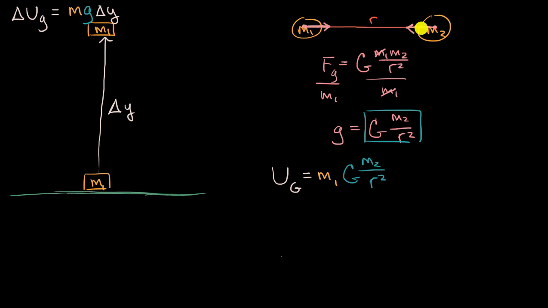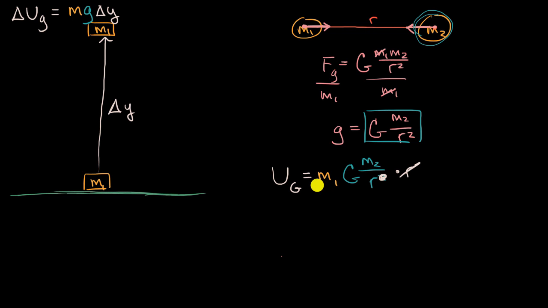Well, what's that? Well, if this was Earth, you would view r as, well, how far am I above the center of mass of Earth? And so you would multiply that times r. And so this r and one of the r's in the r squared will cancel out. So that will just go away, and then this will just become an r.